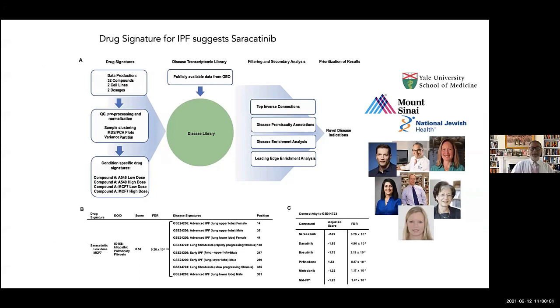One example is actually work that myself and Dr. Antin Ozerkis, and others have been involved in. We were looking for a drug signature that would identify a better drug for pulmonary fibrosis based on data that we had.